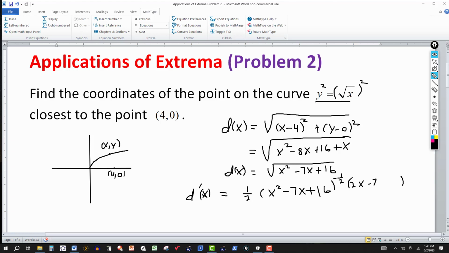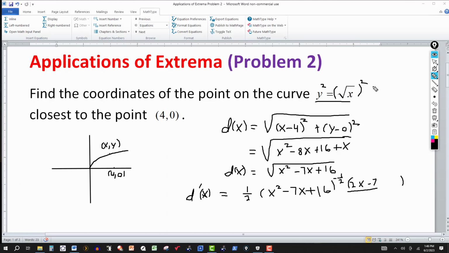And to solve the problem, we need to find the critical values or the critical numbers of this function. So again, critical numbers are numbers in the domain of the function for which the derivative is either 0 or undefined. So this 2x minus 7 is in the numerator of the derivative.